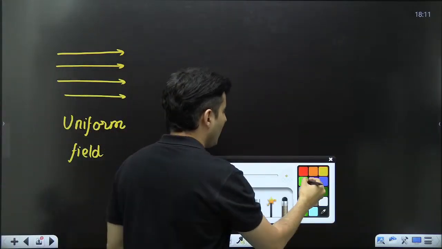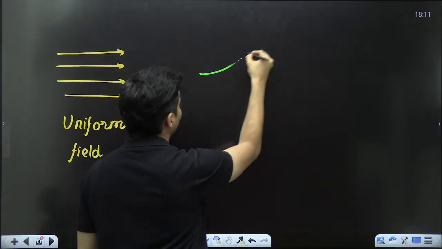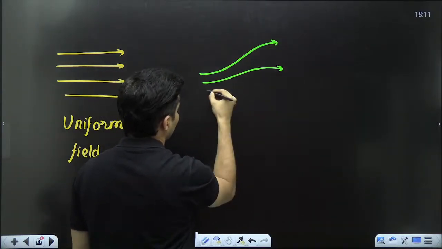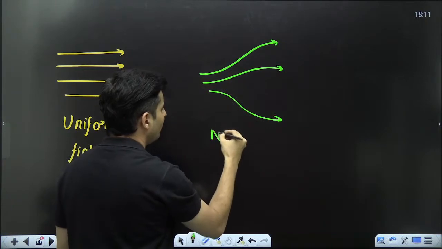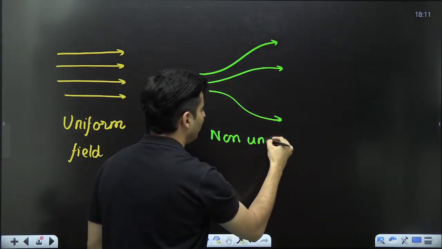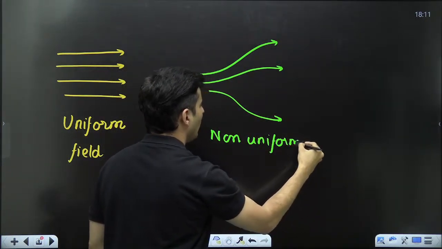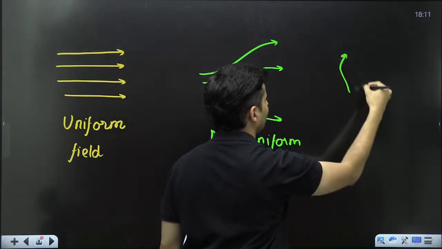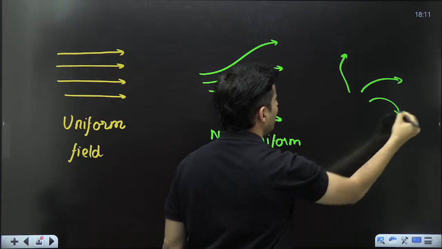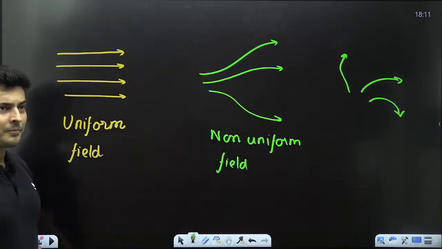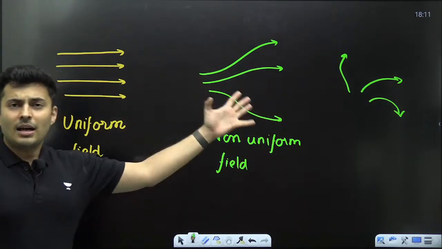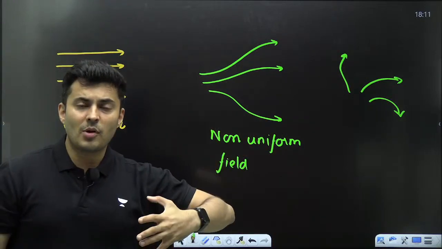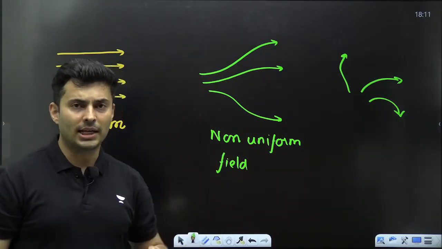Next, if I say that no, the field lines are like this, then maybe like this, this is obviously a non-uniform field. Even this one, where the field lines are coming this way, is also a non-uniform field, right?